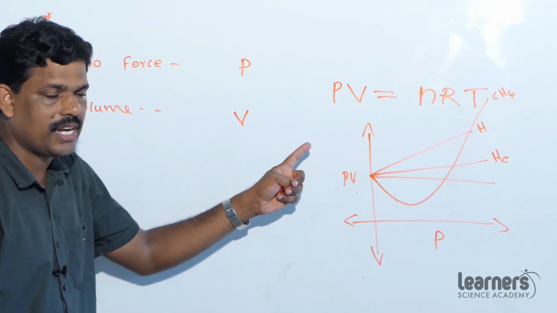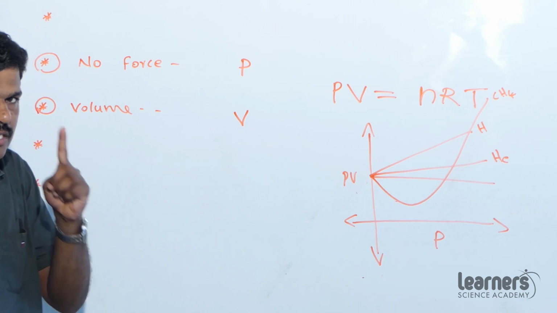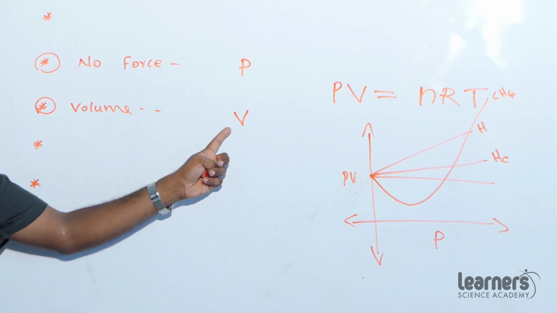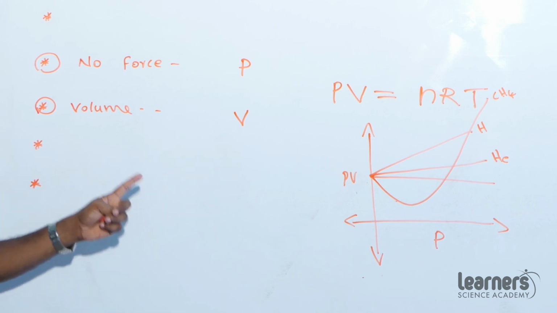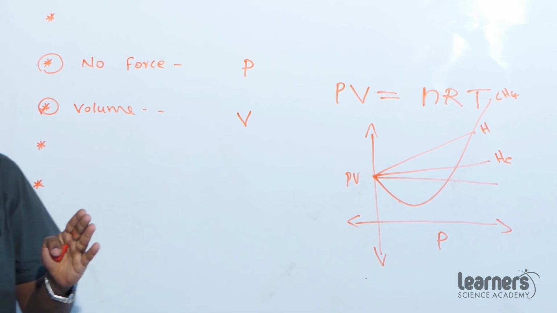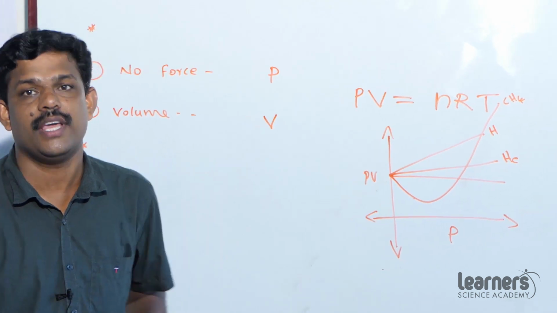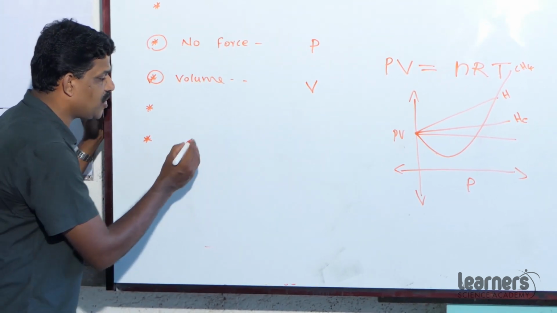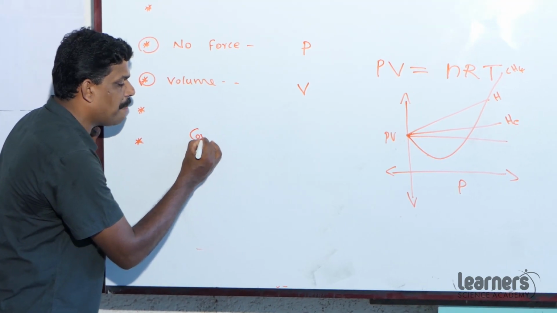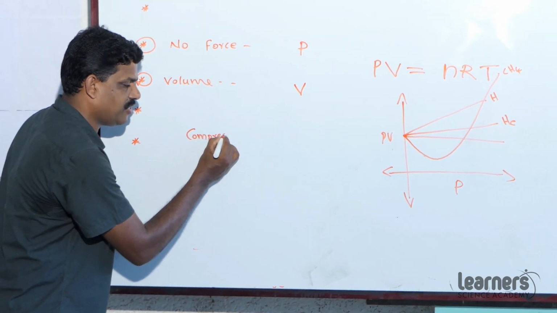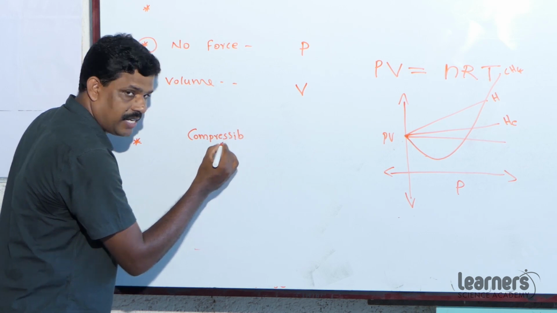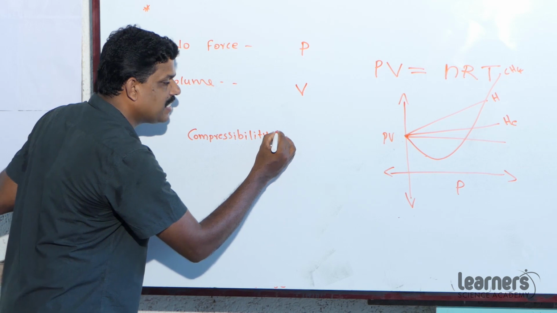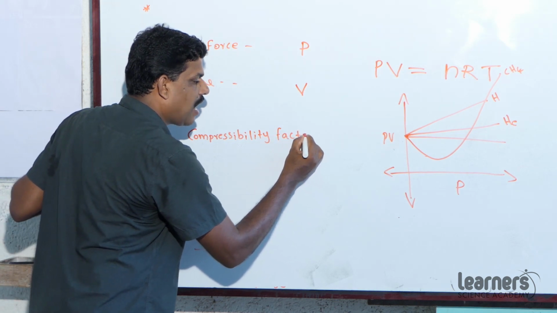The ideal gas equation cannot be obeyed by a real gas because pressure measurement and volume measurement are not correct, due to the 2 faulty assumptions of kinetic molecular theory. The deviation of a gas can be measured in terms of the compressibility factor Z. What is it?